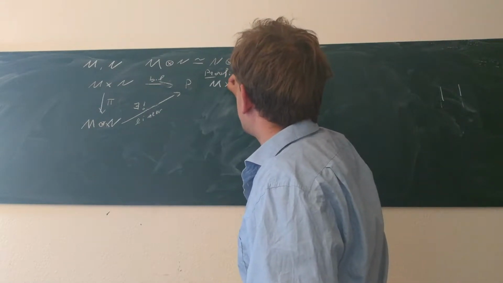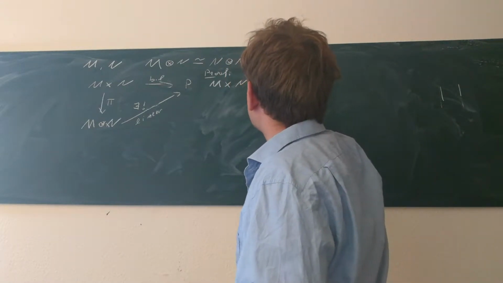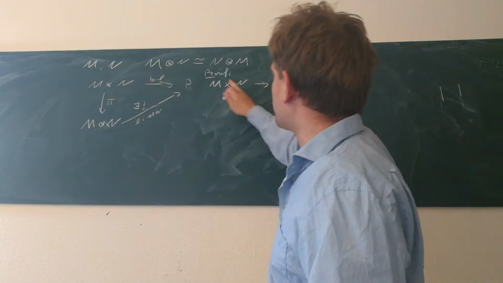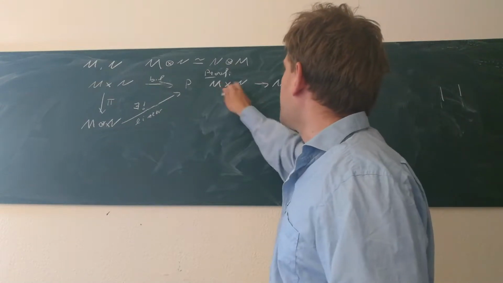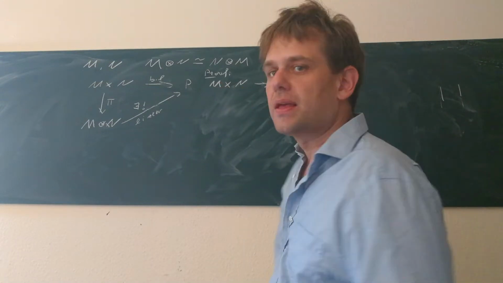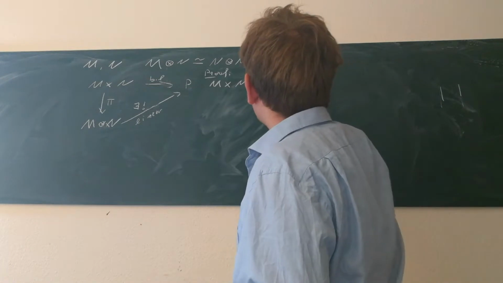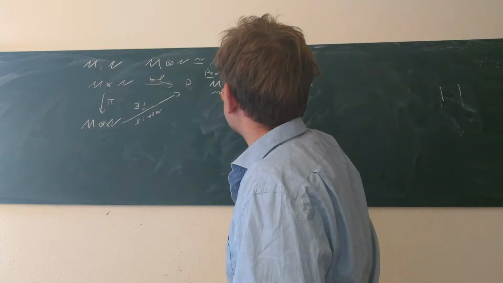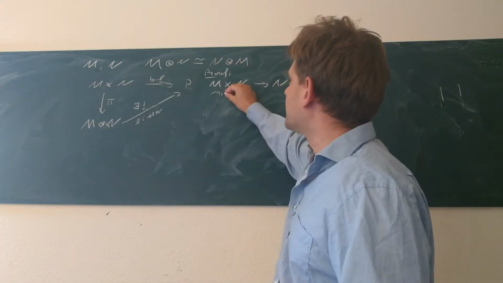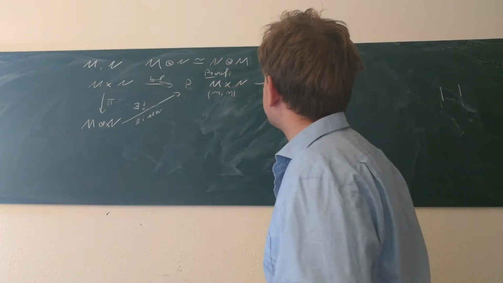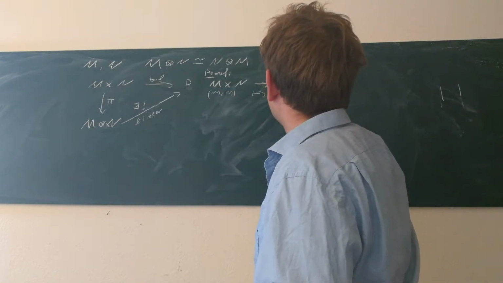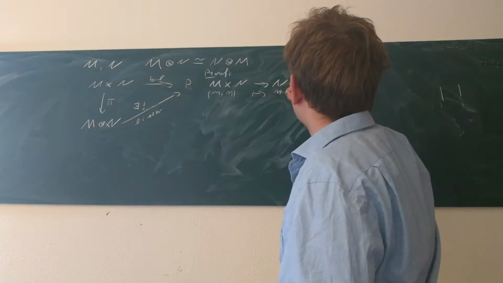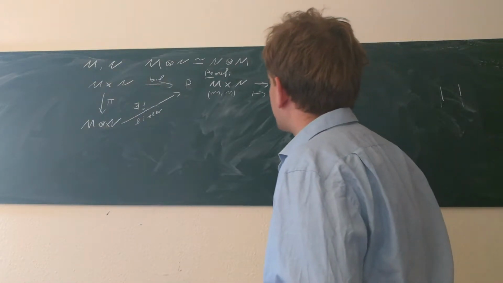So let's start with a map from M cross N to N tensor M. So we have switched the order here from MN to NM, and this is a map that does the following. It sends pairs of this form (m, n) to n tensor m.